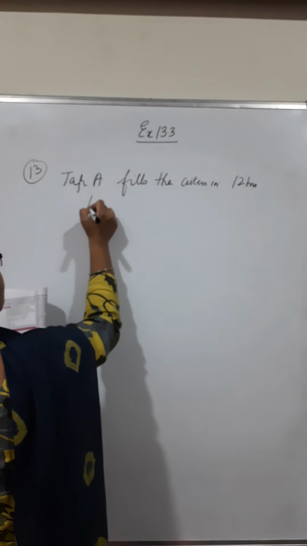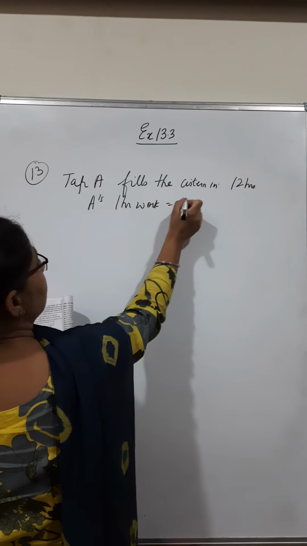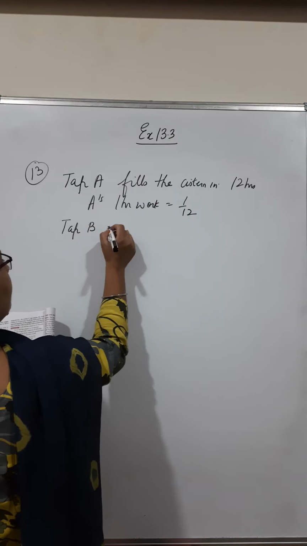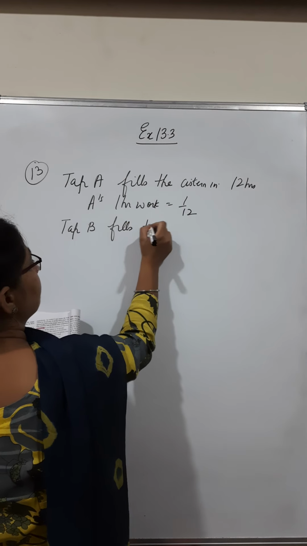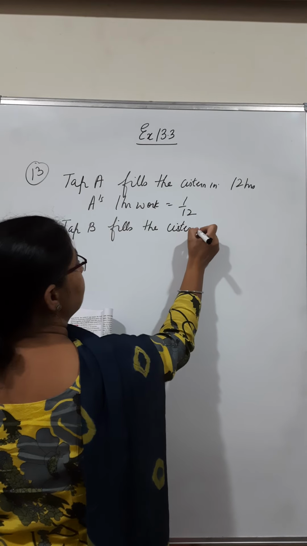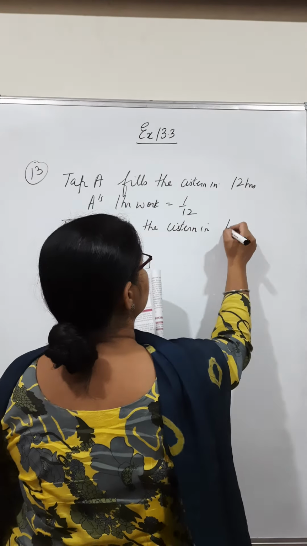So A's 1 hour work will be 1 by 12. Tap B fills the cistern in how much time? In 16 hours.